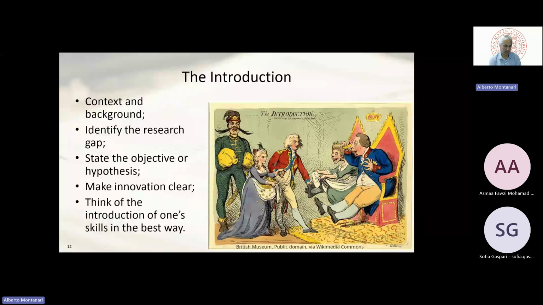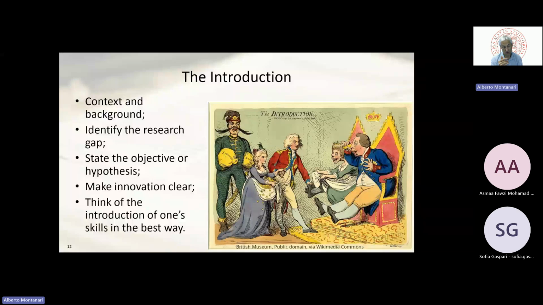What is important, I believe, in the introduction is that you keep the attention of the reader very high. So don't spend, this is my personal advice, take it as something personal. It's not based on an objective assessment of the most frequent recommendations. I wouldn't spend too much time on the context and background.